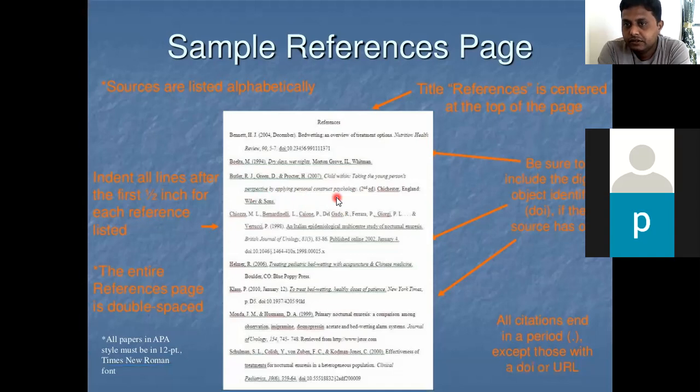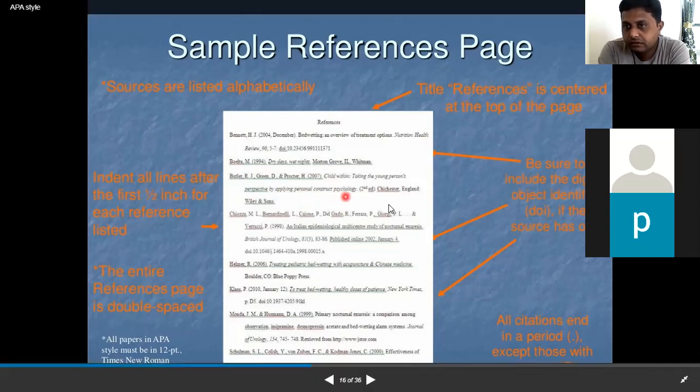Second edition is there, right? This is the publication authority. See, if there are more than two authors, this is one author, this is the second author, this is the third author, and more.